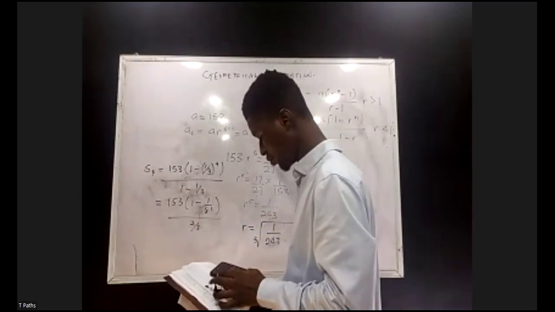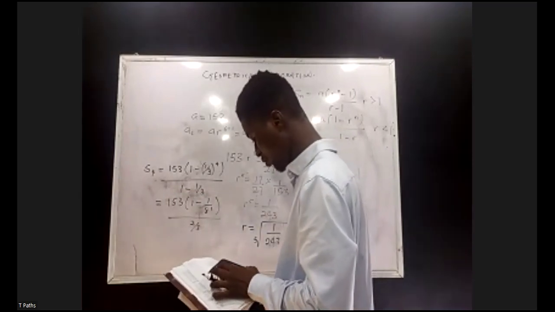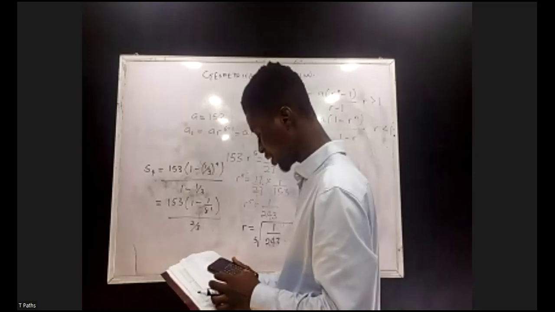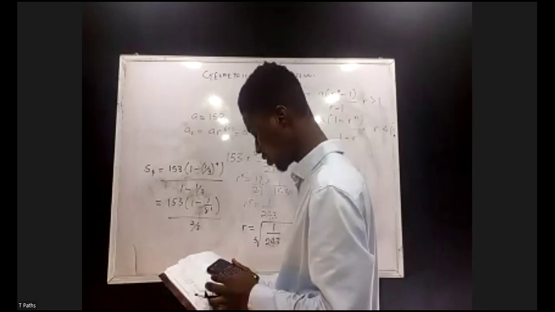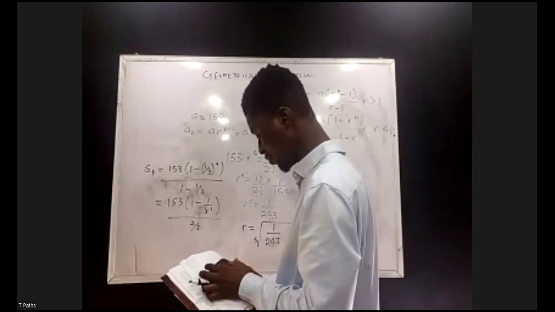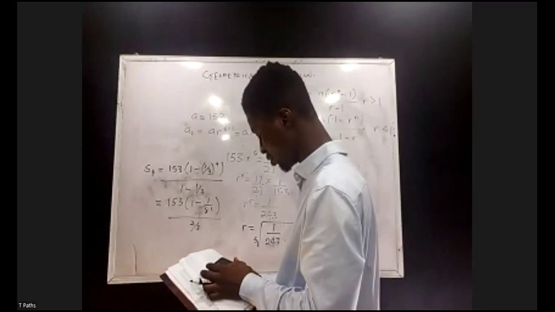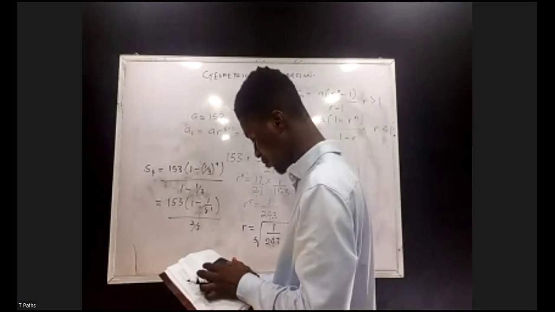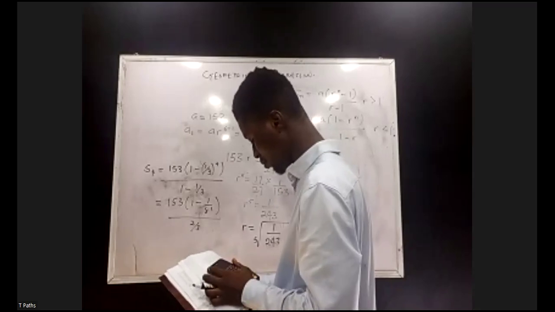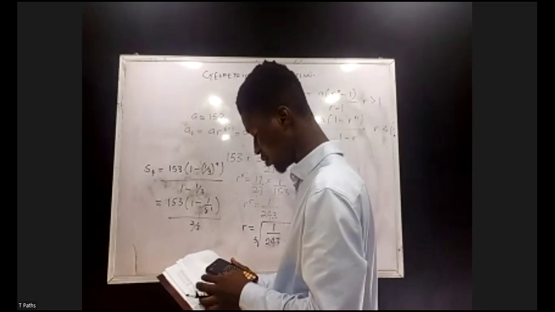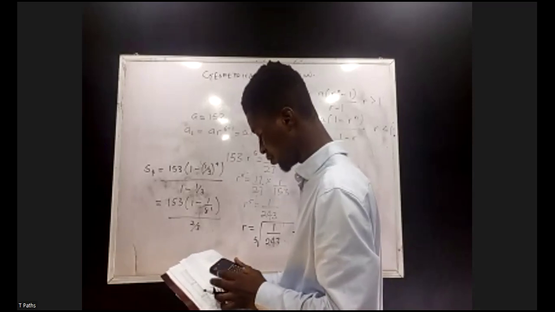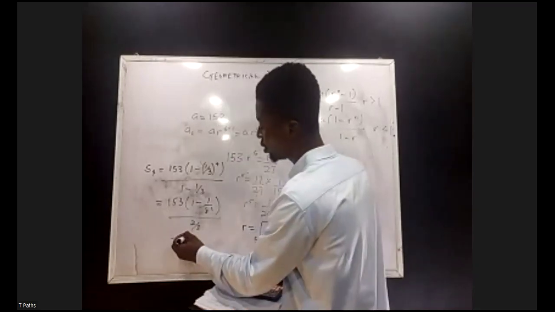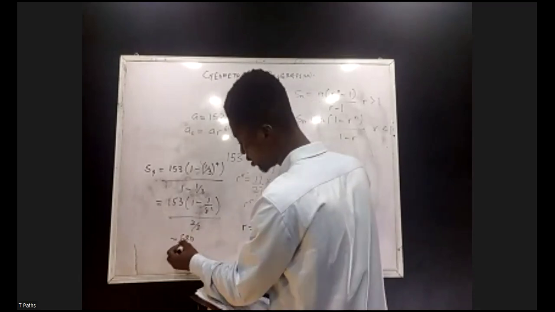So if we press the calculator, 153 in brackets, 1 minus 1 over 1 over 81, then 2 over 3. We are given the answer here is 680 over 3.